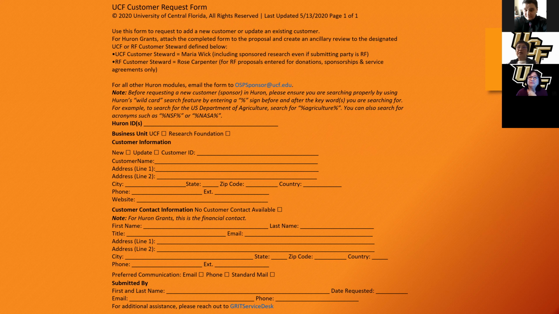Well, when we set up a customer in PeopleSoft, it is not only the information that we enter from the form, we still have to determine what kind of sponsor it is, whether it is a federal, private, or nonprofit corporation or something like that. So there are still a lot of fields that we complete in PeopleSoft. So it's not only what the information on the form is.